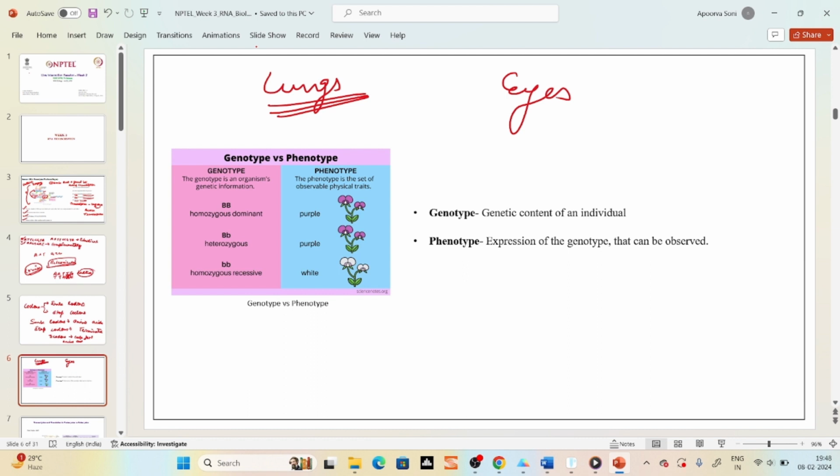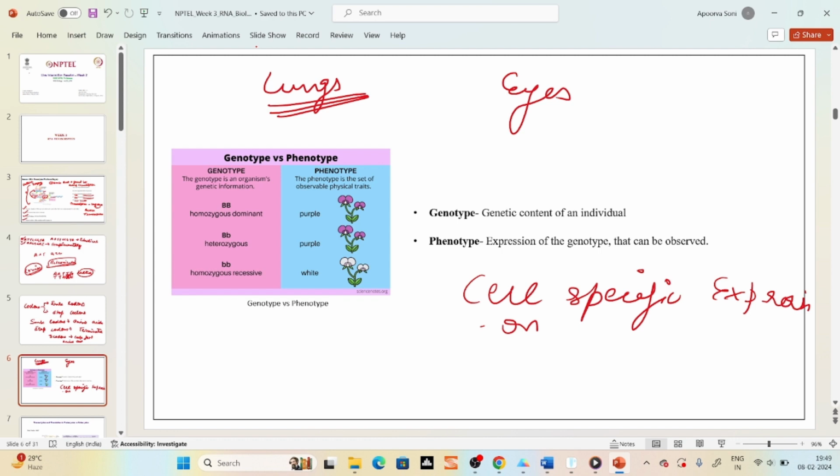You should always remember, this is a very important term, that there is cell specific expression. So some genes are expressed only in some particular cells, but that doesn't mean that these genes are not present in other cells.